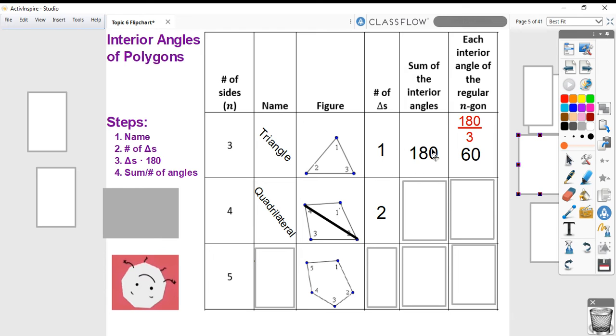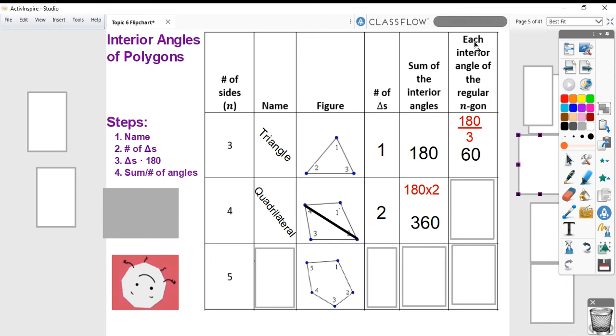So we take that 180 and multiply it times 2 because there's 2 triangles. That's what this number is over here on our step number 3, number of triangles times 180. It's 180 times 2. That's where this number 360 comes from. So on any four-sided shape, if you add up your angles, it's going to equal 360.